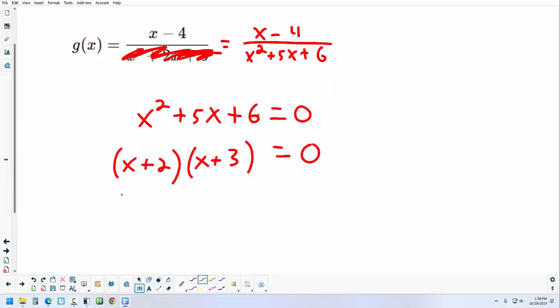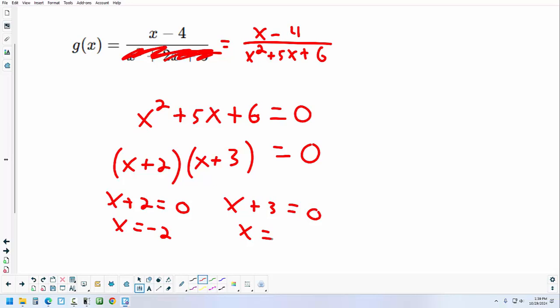So now, what number would you plug in to make x plus 2 0? Negative 2. And what number would you plug in to make x plus 3 0? Negative 3. Now remember, that's not what the domain is. That's what it isn't. It cannot be these 2 numbers. Okay?